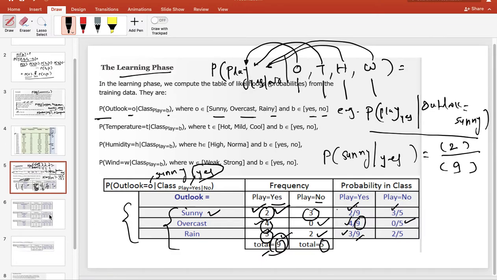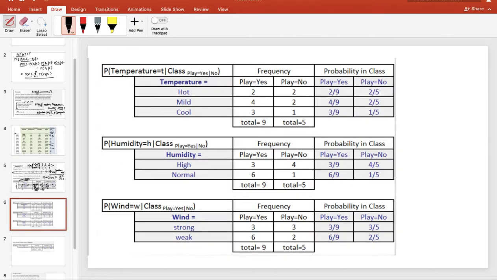Next, we need to compute the probability for every feature, the probability of temperature given class yes or no. Class means play yes or no, right? Temperature takes 3 values: hot, mild, cool.